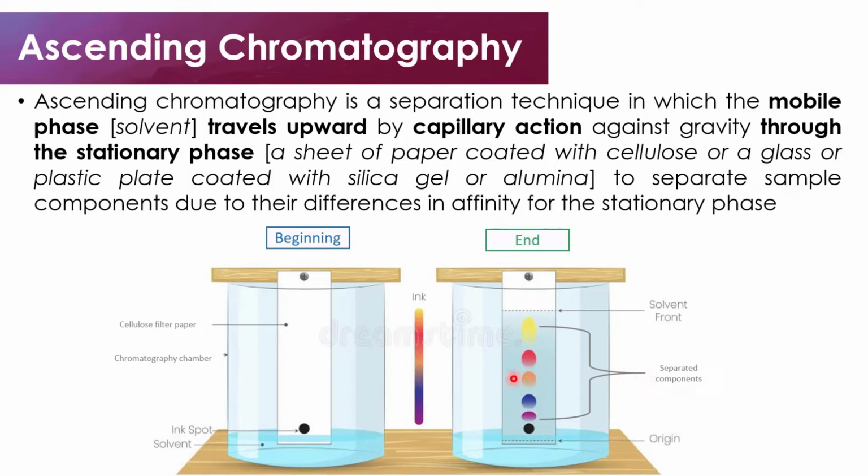And these are the separated components of our test sample, with this component being the least soluble compound in the mobile phase and the most adsorbed compound to the stationary phase, and this separated compound being the most soluble compound in the mobile phase and the least adsorbed compound to the stationary phase.